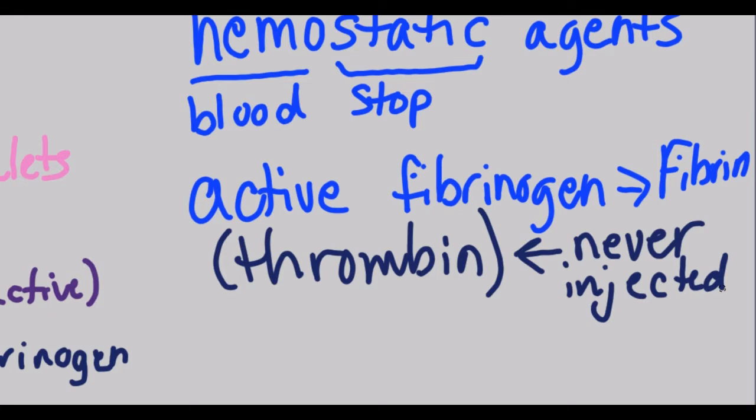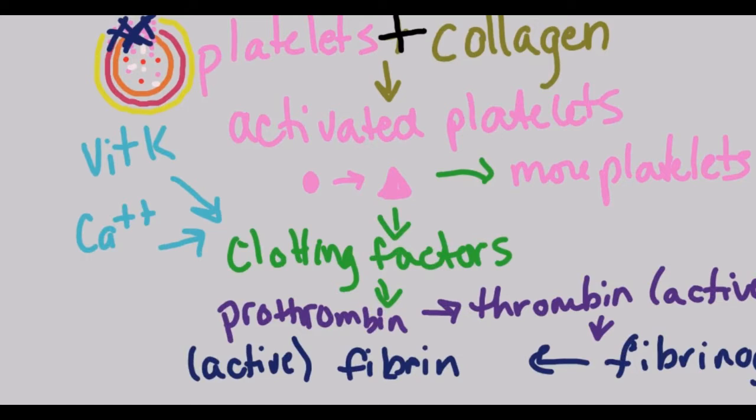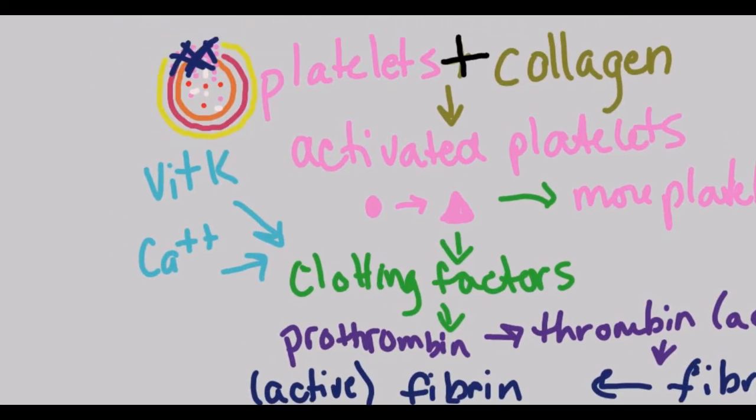We also have mechanical, and that is going to mean something that we put on the wound to give the blood clot a place to happen. And so it's going to give the platelets a place to stick to, a place to park. And so back on our blood vessel up here, it is going to sort of act like a little barrier here.